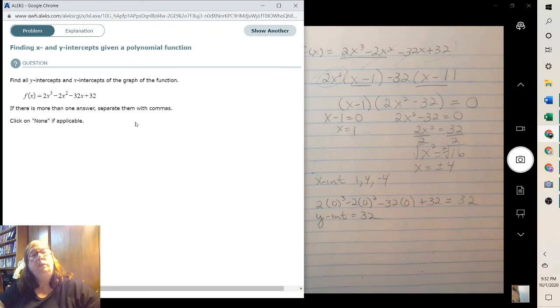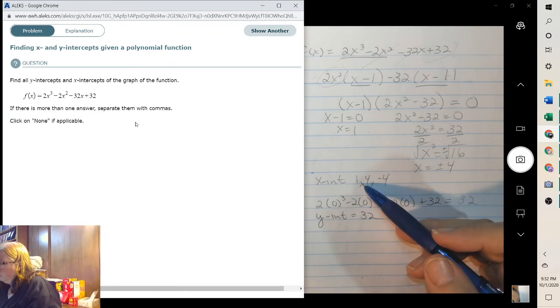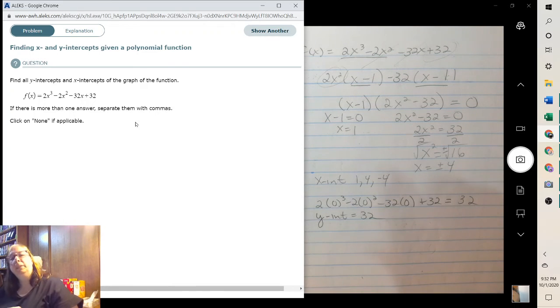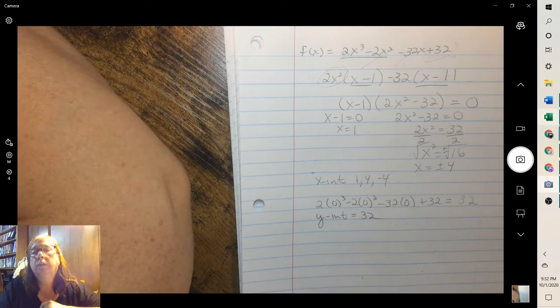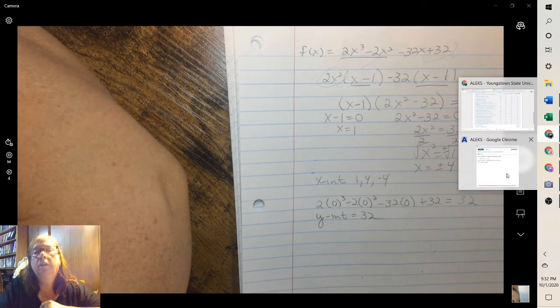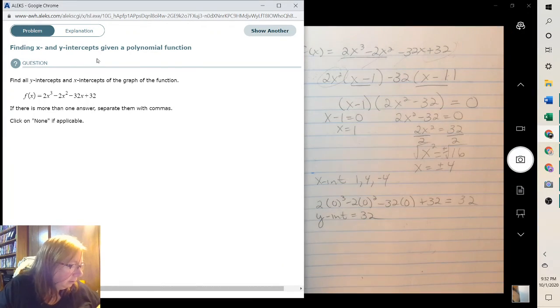You don't have to write the points. It says to list them with commas, so you would just put commas. But that's all there is to it. I think that was all 3.